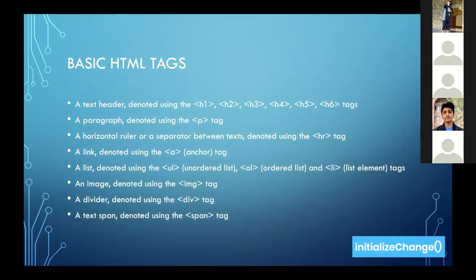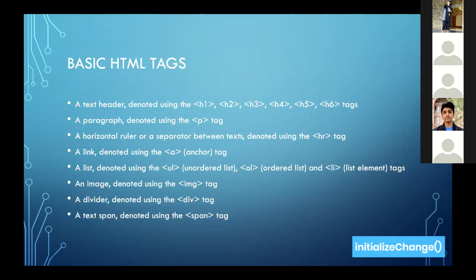And for the list, we would have 2 different types, all right? We would have a data structure with specific content or list elements, which is the LI that is mentioned here. There are 2 different types of lists, an unordered list and an ordered list, and I'll talk about that in the next slide as well.